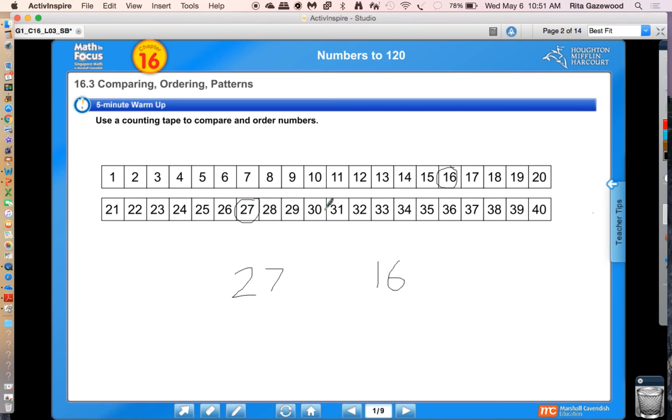So that's how you use a counting tape in order to compare numbers. So you find the numbers and you figure out, is it coming before the other number or is it coming after? So let's move on to the next part of our activity.